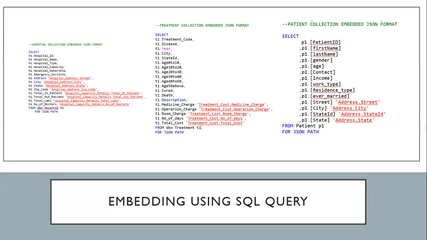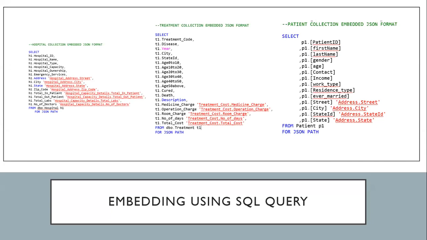Next slide. Yeah, so this is the query which we have used for embedding. As the data was stored in the MySQL server in a relational format, we used the query given by the professor. Here you can see we have used the alias to perform the embedding.